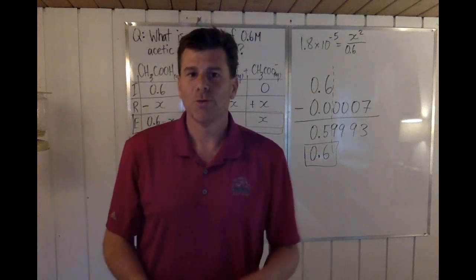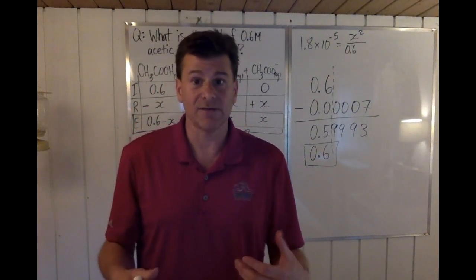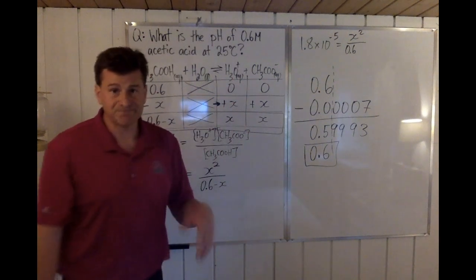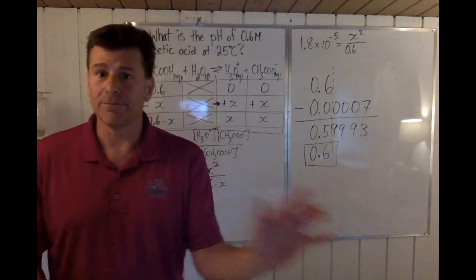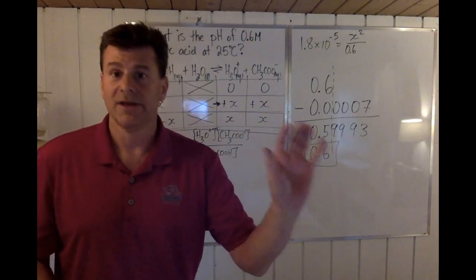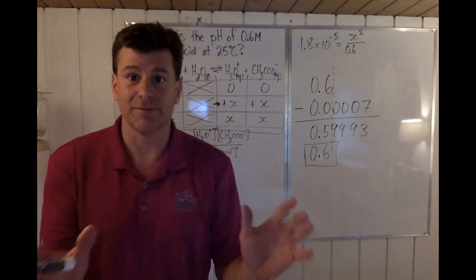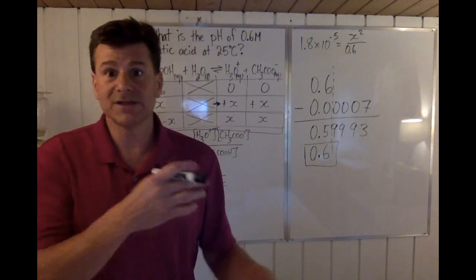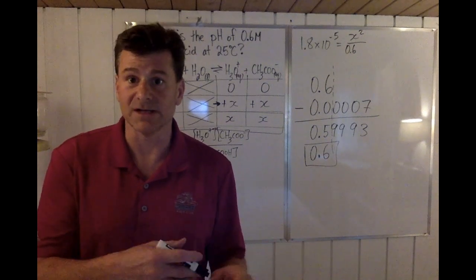And so we're using our sig figs to our advantage here. We're saying that whatever is produced over here, so this value of x, acetic acid, weak acid, all the weak acids are pretty weak. They don't make very much product. Because they don't make very much product, that value of x, whatever it's going to be, we're going to make the assumption it's going to be really, really small relative to that amount of acetic acid that it began with, the 0.6.